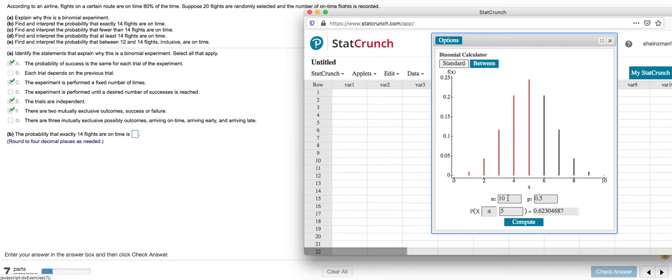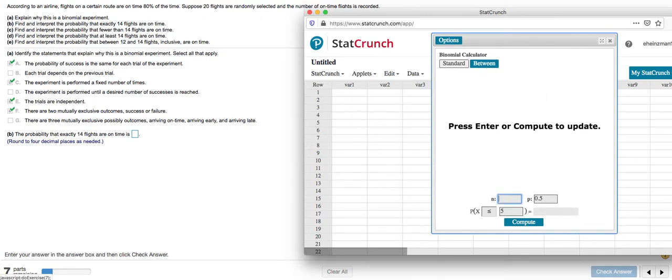For starters, n is the number of trials. Here we're told it's 20, so I'm going to put 20 for n. Second, the probability P is going to be for a success, and here we're talking about an on-time flight, so that's going to be 0.8. So I'll put 0.80 for our 80%.